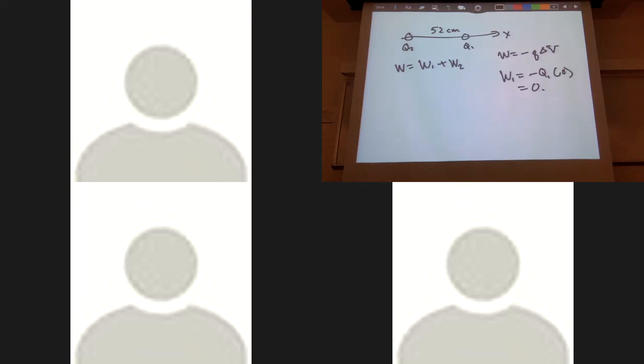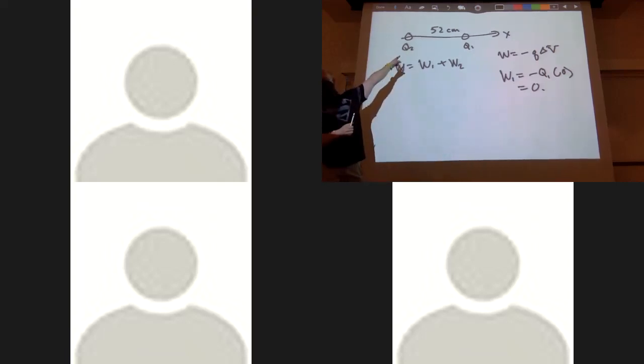What about Q2? Well, I'm going to come all the way out here to spatial infinity. I'm going to grab Q2, but again, what is the potential out at spatial infinity? 0, by definition, right? So Q2 is initially at 0 potential. Now I'm going to bring it in and drop it here at Q2's location. But what's the potential as far as Q2 is concerned? What is supplying the potential at the location for Q2? What is the only other thing in the problem?